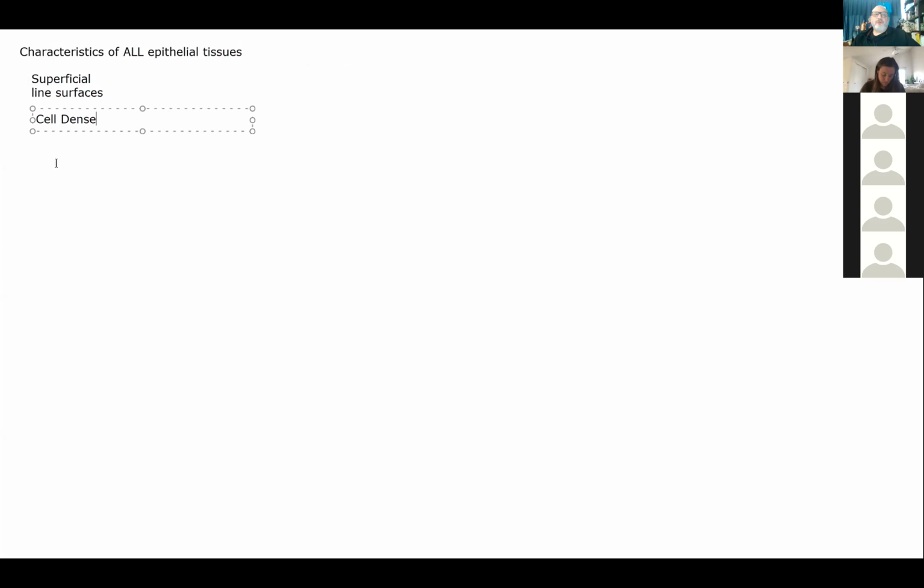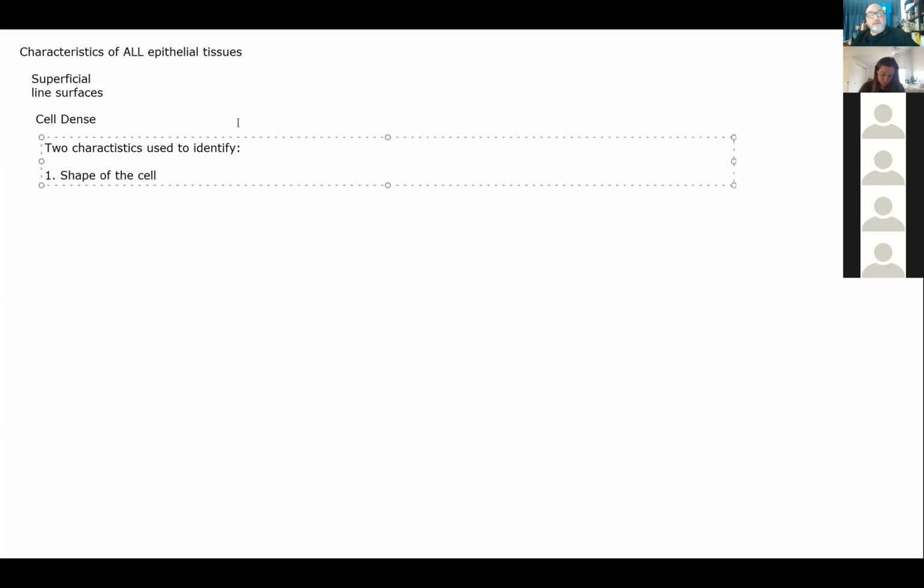So when identifying epithelial tissues, basically there are two characteristics that we use to identify. The first is the shape of the cell. And as we'll talk about in a second here, there are three different shapes that cells can have. And the second way we identify them is by the number of layers.